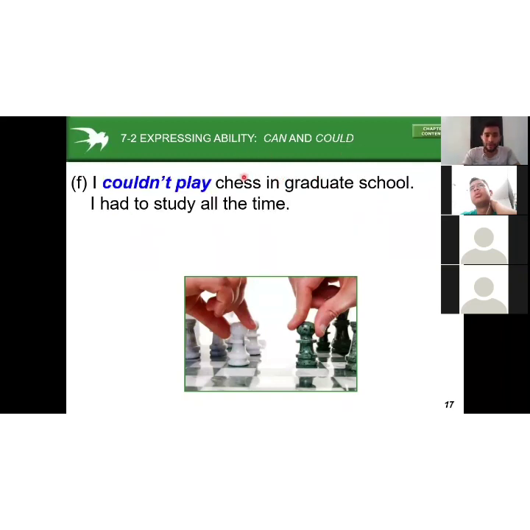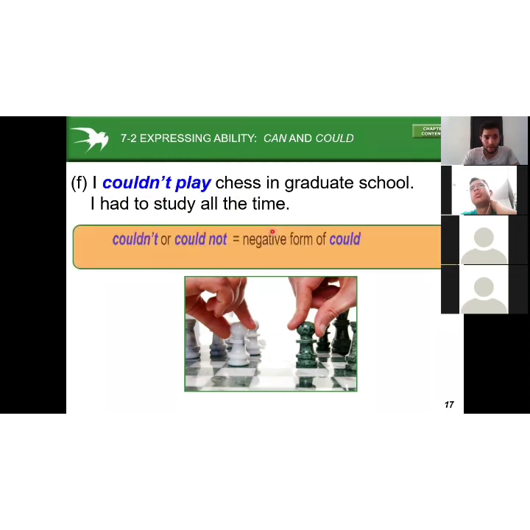But if I use couldn't, the same thing happens as with can't: with can't, the ability became disability, and with couldn't, ability in the past becomes disability in the past. So I wasn't able, I didn't have the ability to do it in the past. That's what couldn't play means right here. So this is how we get the two versions.